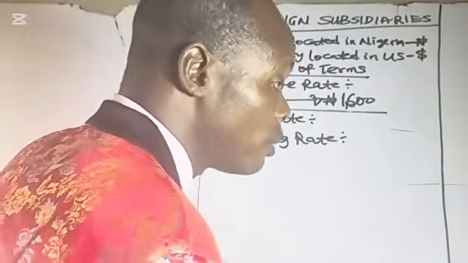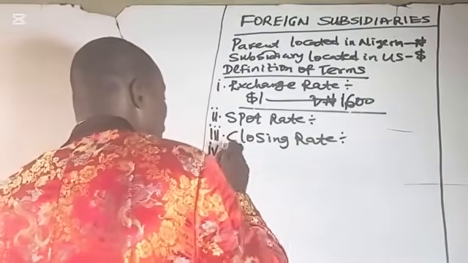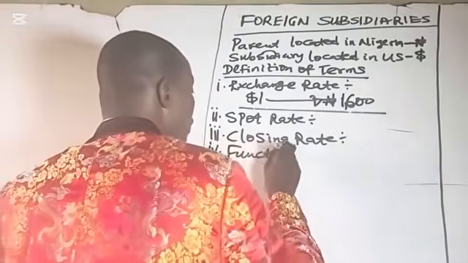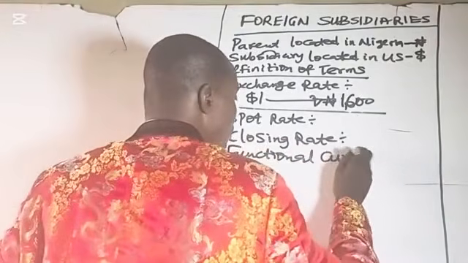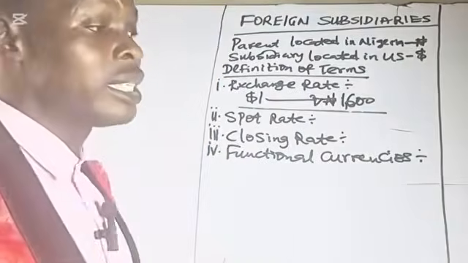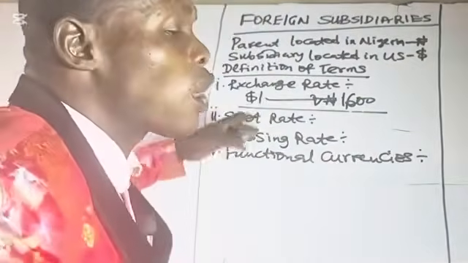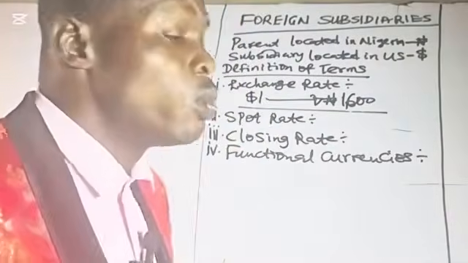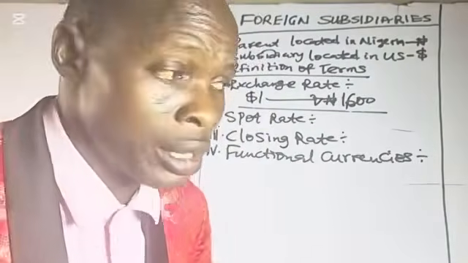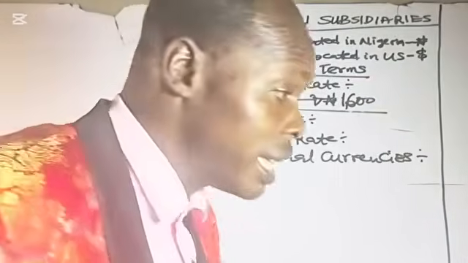Then number four, we have functional currency. Functional currency is the currency of the primary economic environment in which an entity operates.